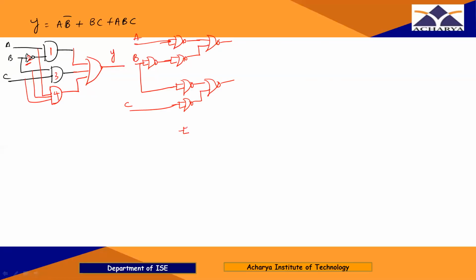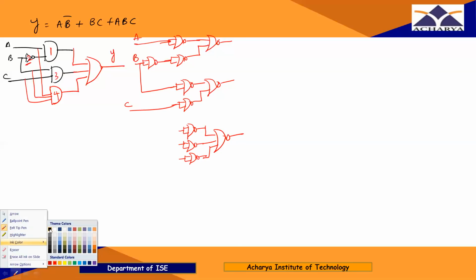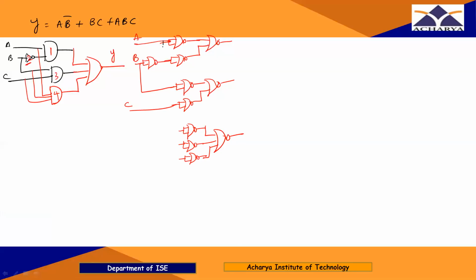So I'm going to write like this. Three inputs, right? So here one input is from A, another is B, and another input is from C.